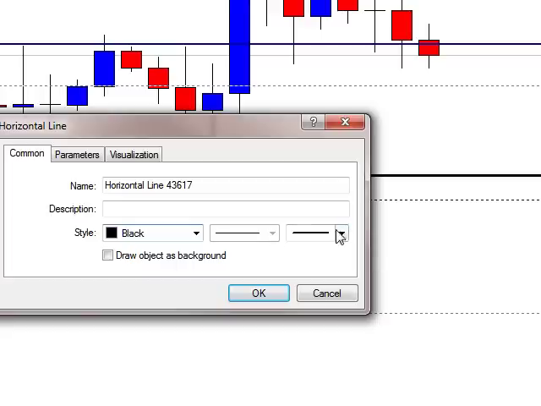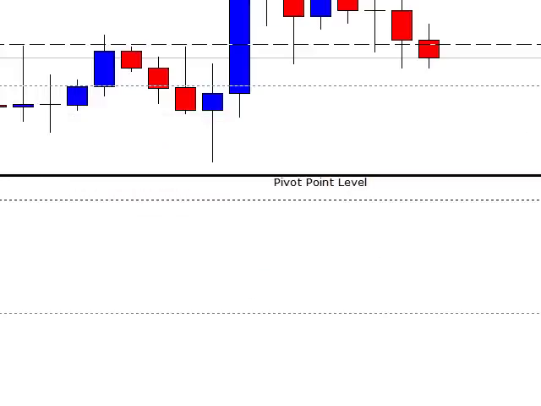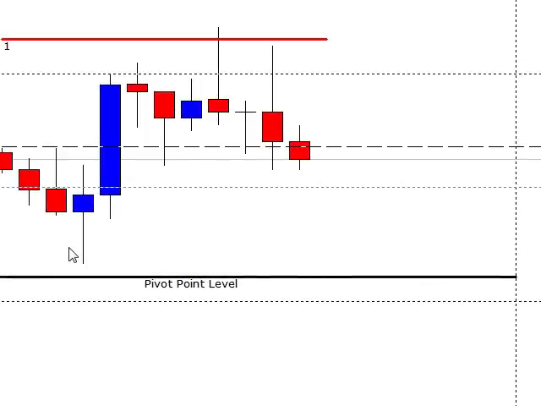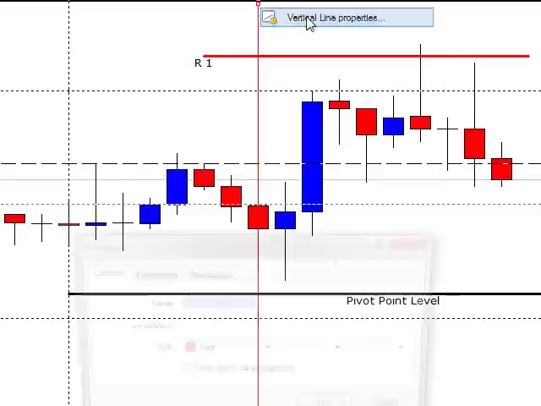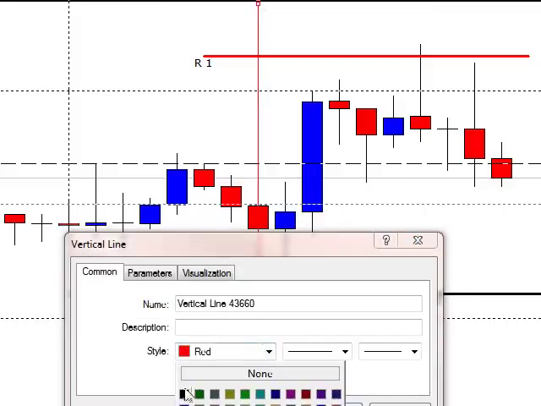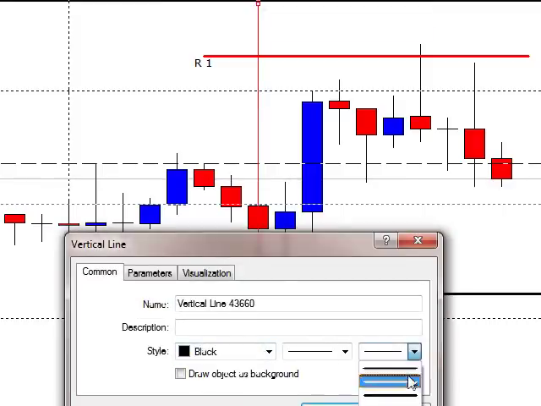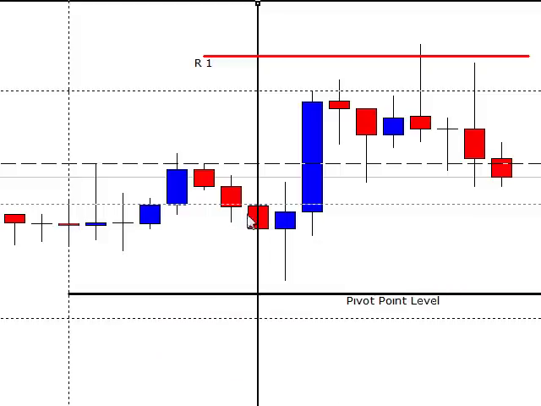Actually, let's put this line on here so we know which one it is. There we go. Okay, so basically, right here, 2 o'clock, it opened up. Let's put a line here and make sure this is exactly what it did. Let's change that to black as well, and we'll thicken that one up. Okay, so there we go.